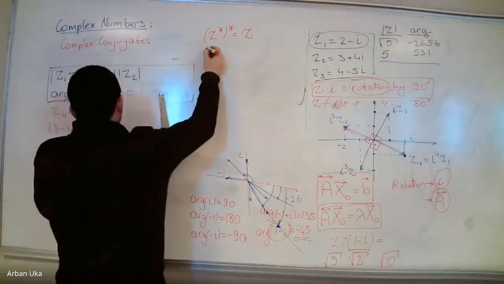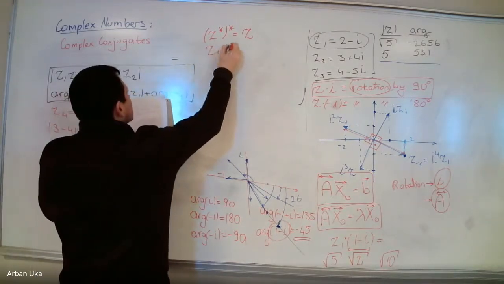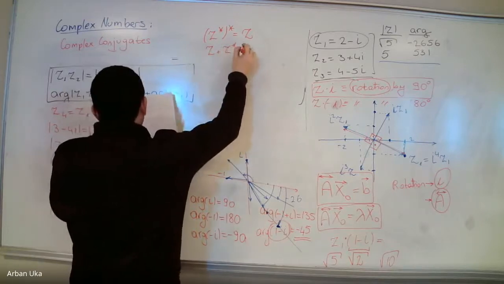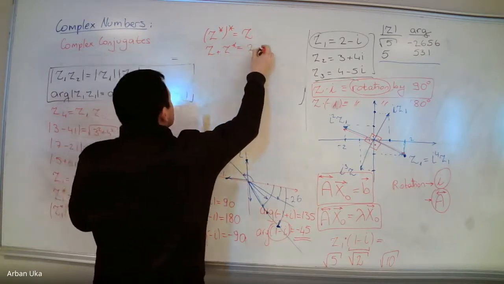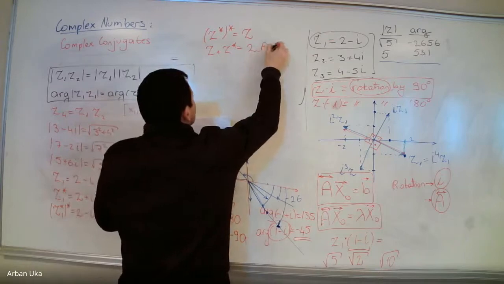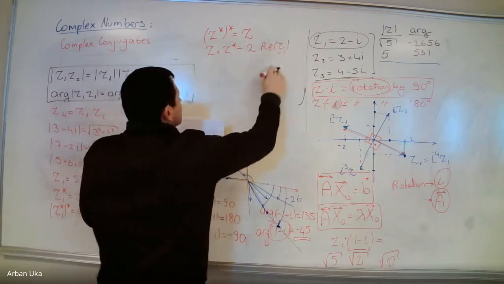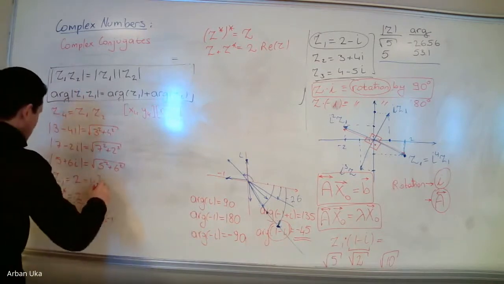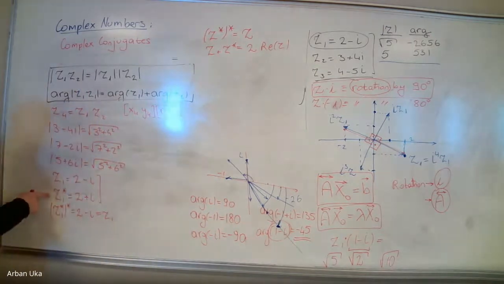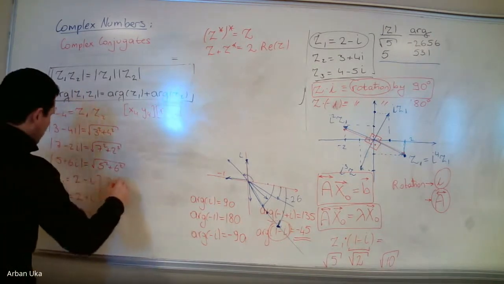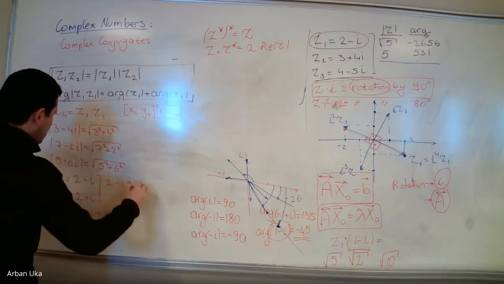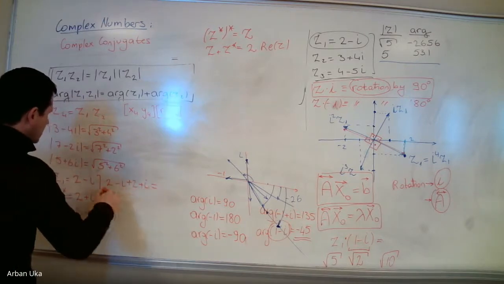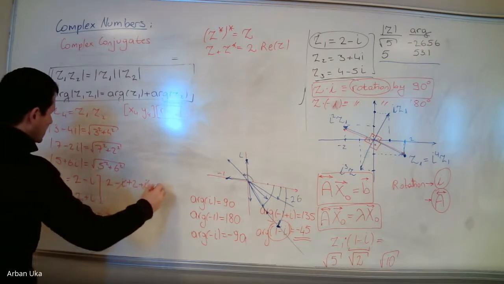The second property is Z plus Z complex conjugate. What is it? This is 2 times the real part of Z, okay? Because if we add Z1 plus Z1 complex conjugate, this is 2 minus i plus 2 plus i. The i's cancel out, we get just 4.